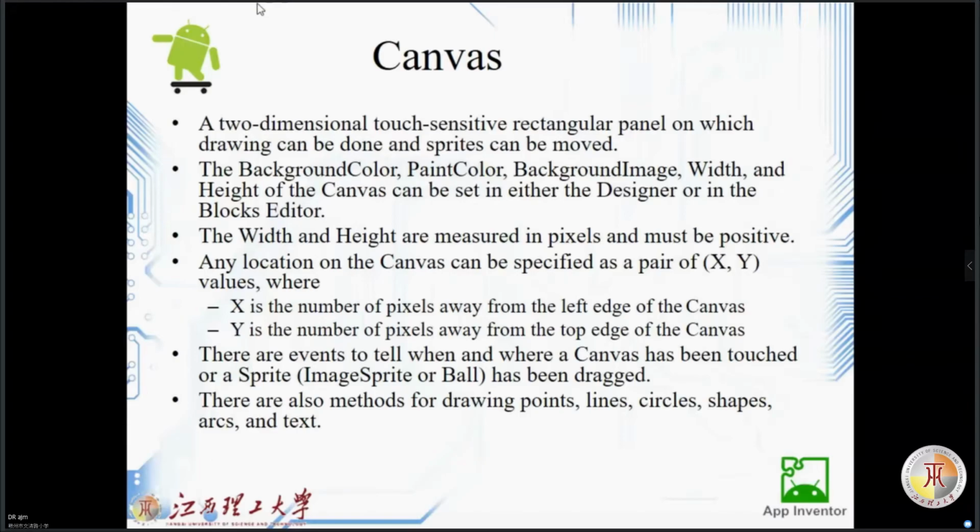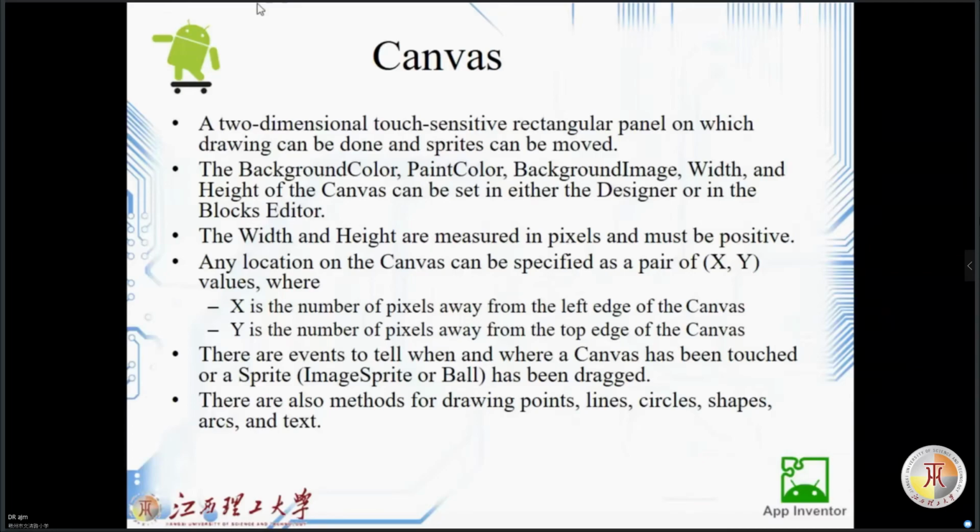The width and height are measured in pixels and must be positive. Any location on the canvas can be specified by a pair of x and y, where x is the number of pixels away from the left, and y is the number of pixels from the top edge of the canvas.